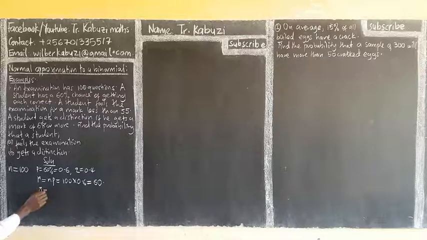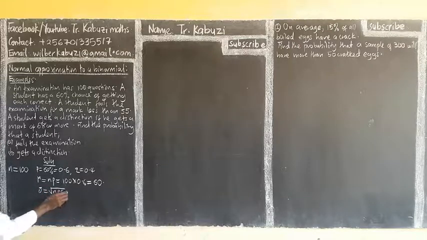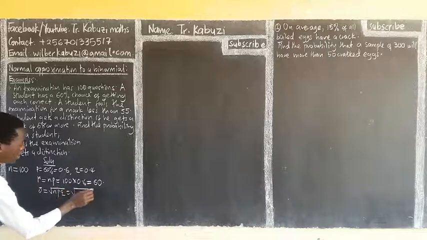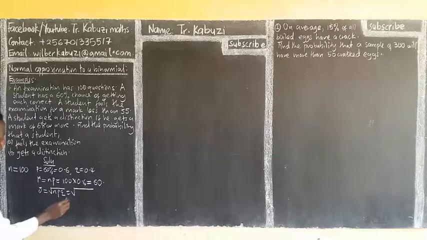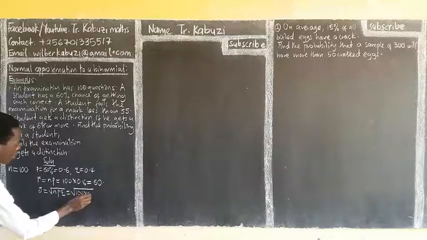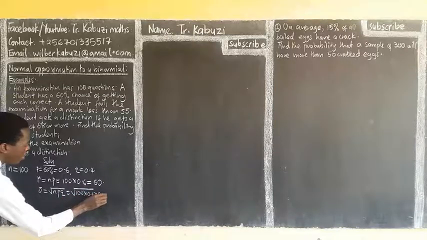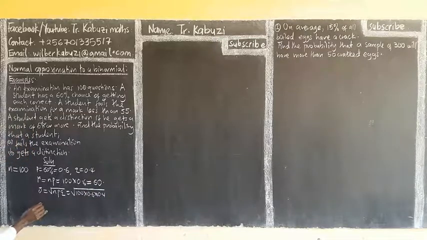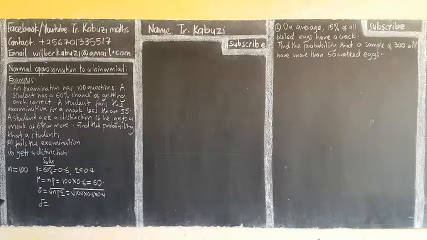So our sigma is going to be the root of npq, the standard deviation, which we get by multiplying n, which is 100, times 0.6, then times 0.4. And so our sigma, when you get it, is the root of 24.